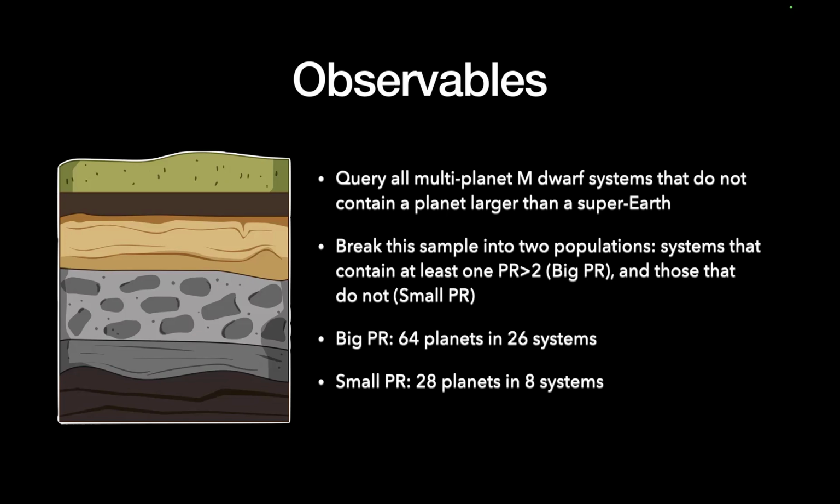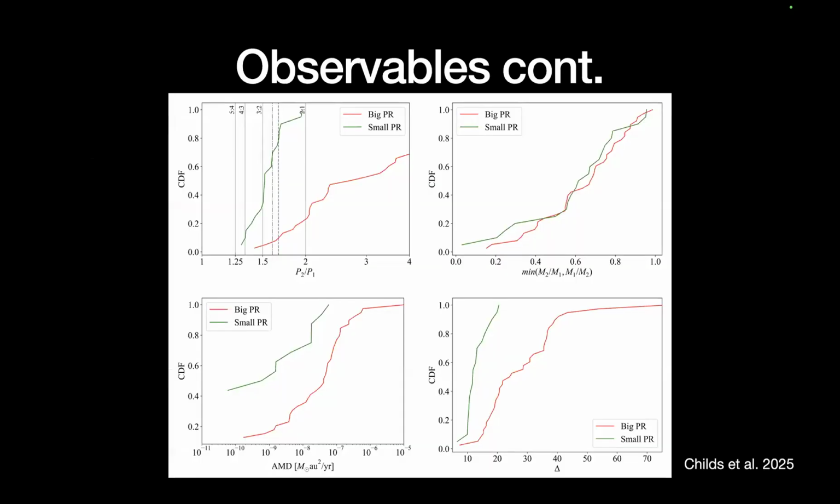Once we have our 2 populations in the observed sample, we calculate the same dynamical metrics that we did for our simulations, and we find really good agreement. We find the same statistical differences in those 3 metrics, which were the period ratios, the angular momentum deficit, and the delta metric. So we find the same trends and the same degree of statistical difference between those 2 populations.